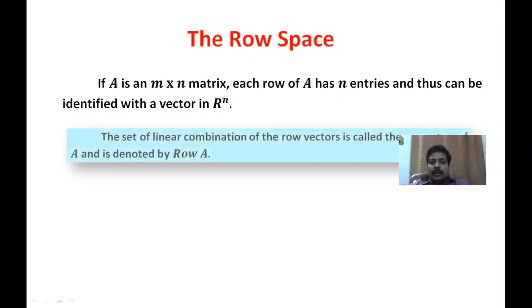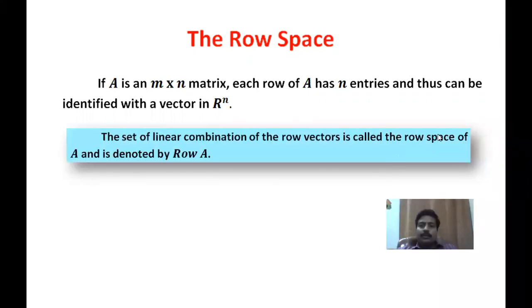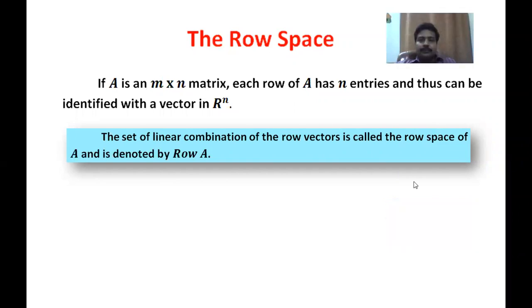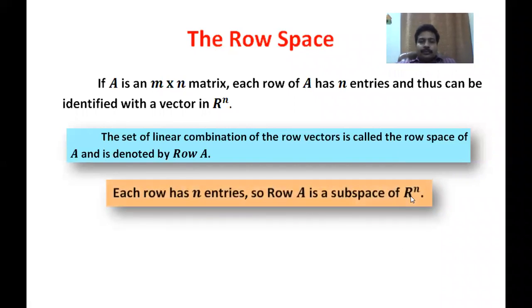And the set of linear combinations of the rows or row vectors is called the row space of A, and it is denoted by Row A. Each row has n entries, and Row A is spanned by the rows, and any spanning set of vectors of Rn, a vector space, is a subspace of Rn. So Row A is a subspace of Rn.